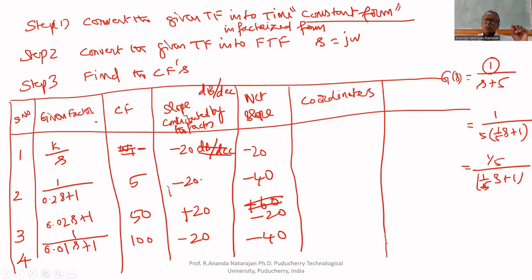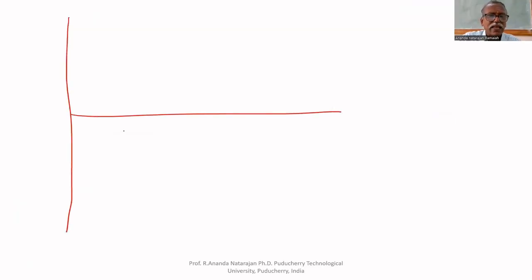What is the smallest corner frequency? 5. The smallest corner frequency is 5. That's why we can take a scale from 0.1. I told you that if no corner frequency is less than 0.1, take from 0.1.